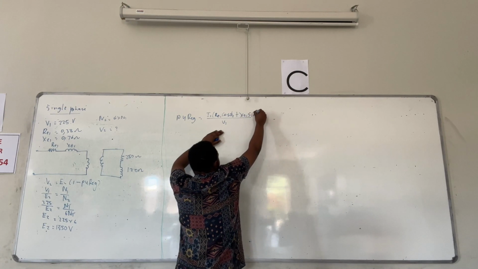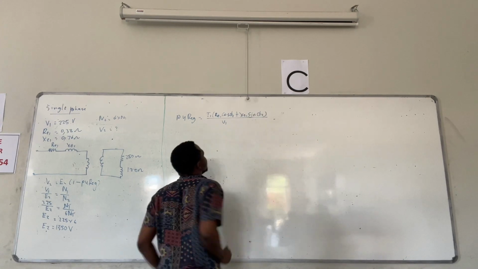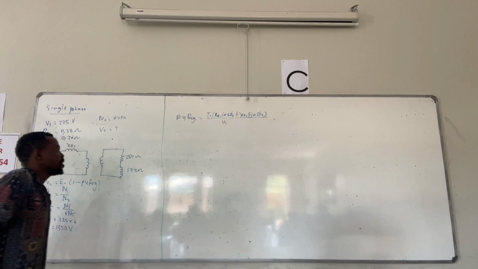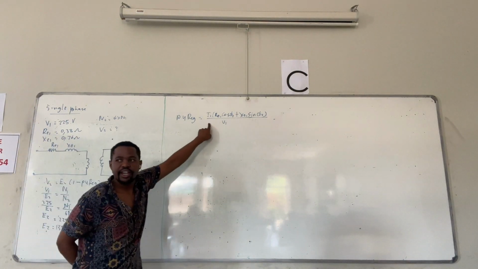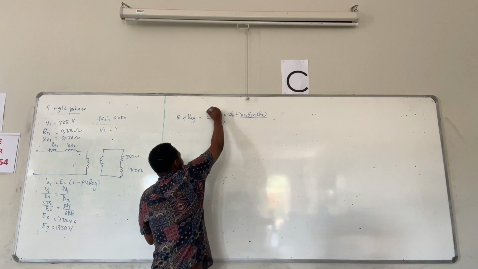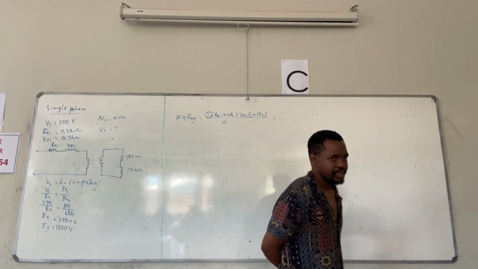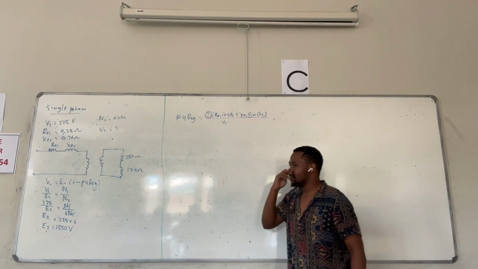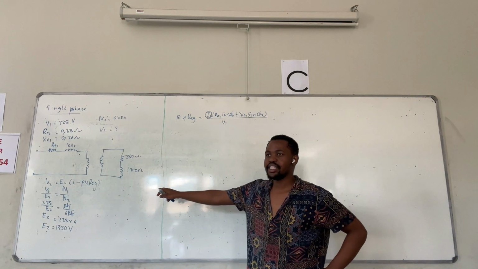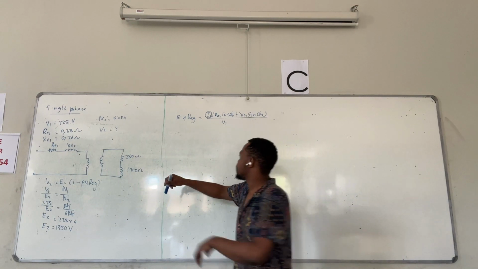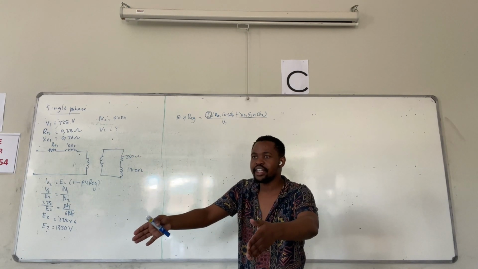Plus X times E1 sine. What is missing? I1. I have a problem with I1. To calculate I1, if you have a load on the secondary side, you must also include it on the primary side when calculating the current.